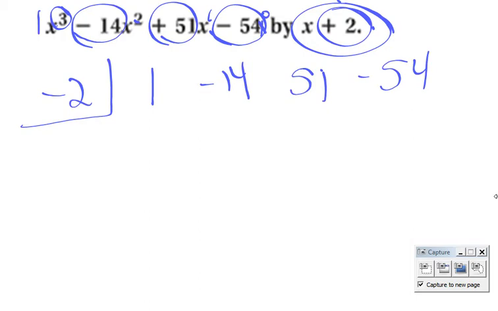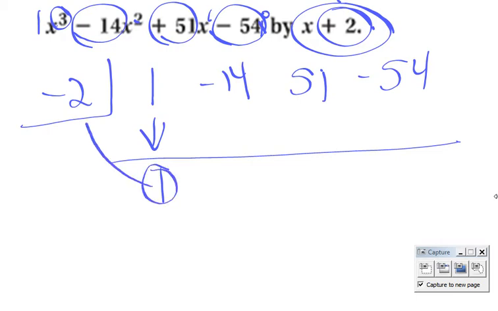Now you're going to start by just dropping down the first term. Now multiply what you drop down by your divisor, negative 2. That's going to be a negative 2, and you write it right here in the next space. Okay, so now you're going to add these.